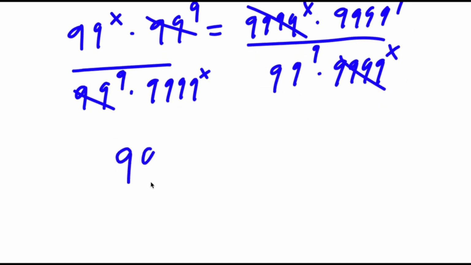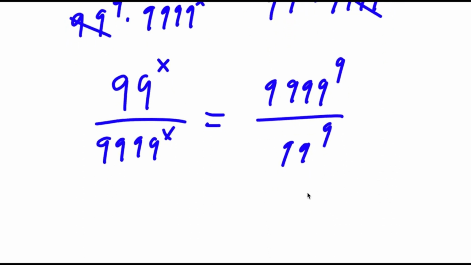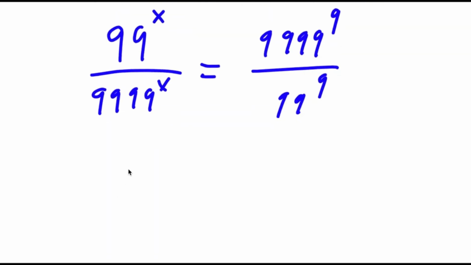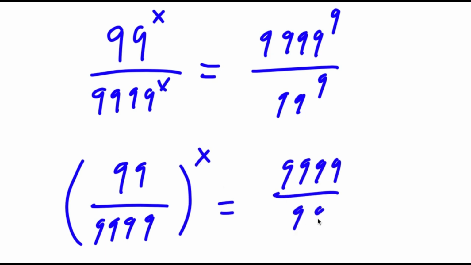So now I have 99 to the power of x over 9,999 to the power of x is equal to 9,999 to the power of 9 over 99 to the power of 9. Now this is the same thing as 99 over 9,999 to the power of x, which is equal to 9,999 over 99 to the power of 9.